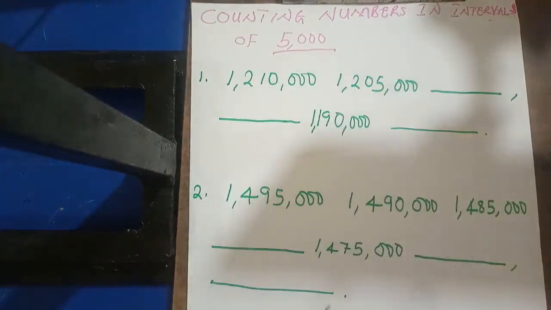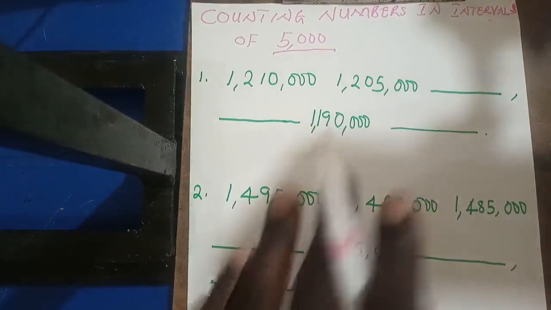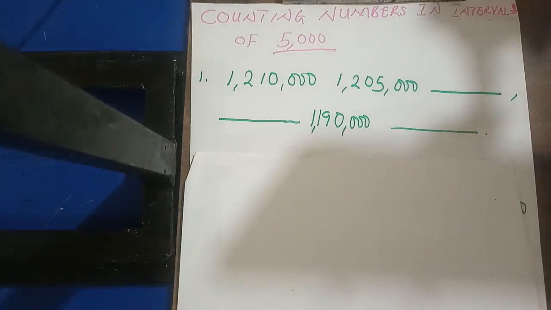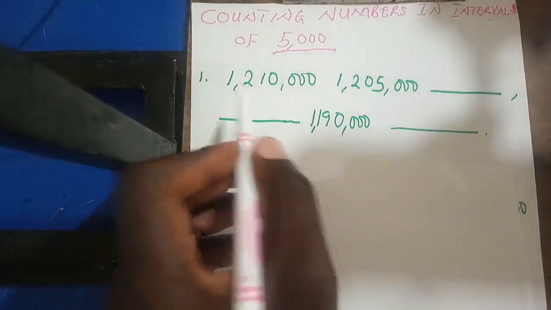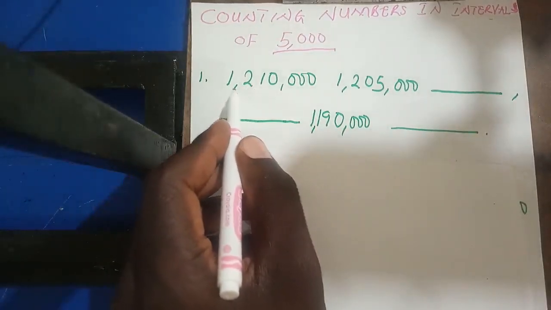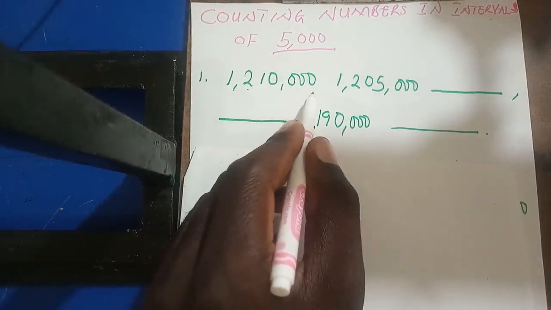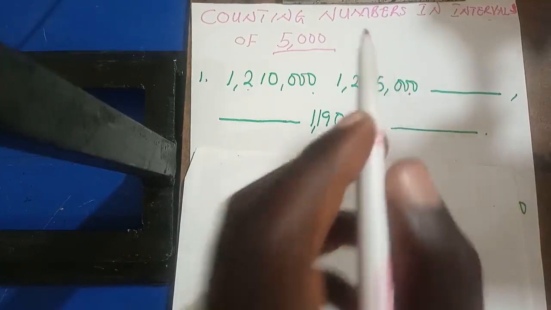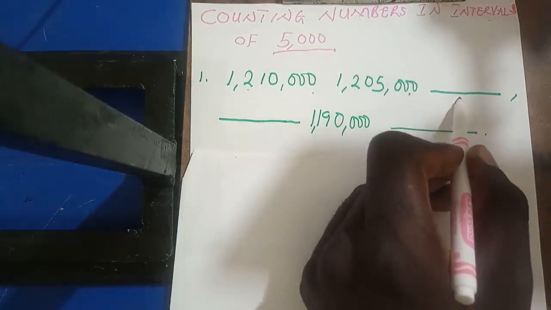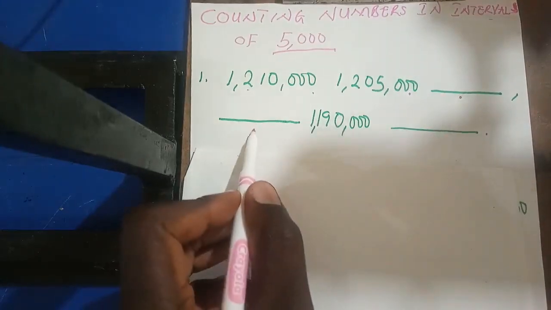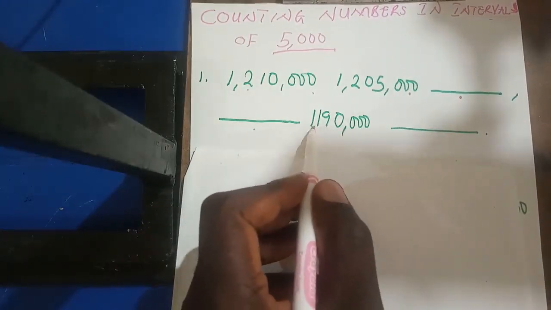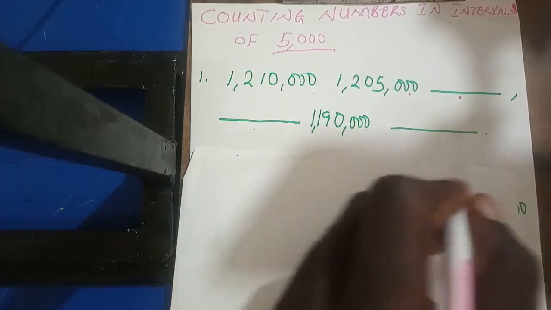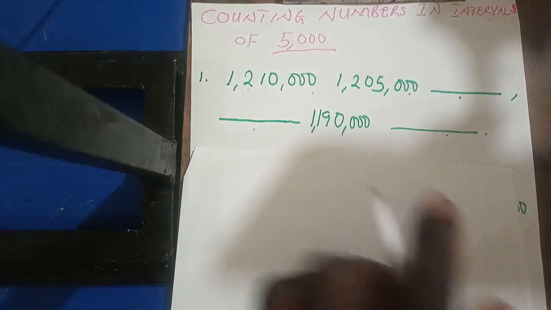In the first example, the figures are 1,210,000, then 1,205,000. We have not been given the third figure, but the next figure is 1,190,000. Then the last figure is not given.